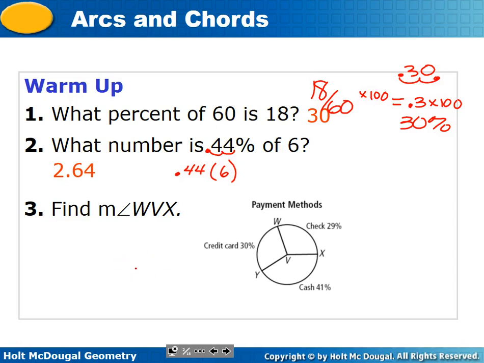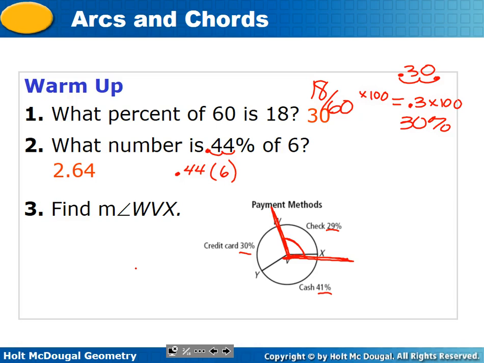Now number 3 says find the measure of angle WVX. So WVX is right here. Now I want to talk to y'all about pie charts. When I have a pie chart and I add up all these numbers, 30 plus 29 plus 41, they equal 100%. And I also know that a circle measures 360 degrees. Well, this is asking me for an angle, and I know that this angle right here is 29% of the whole circle.